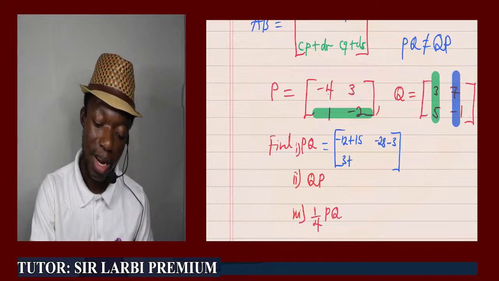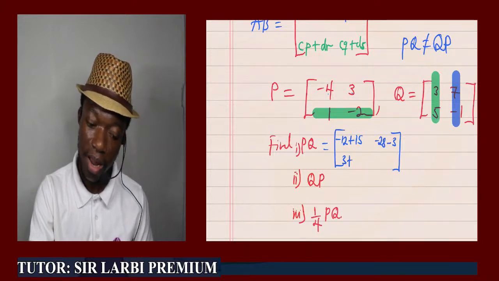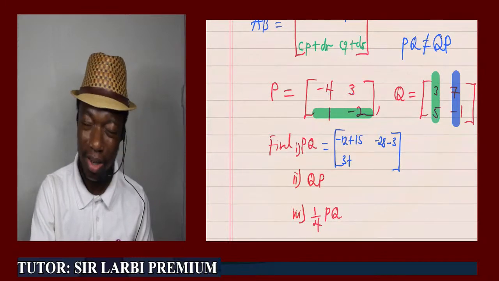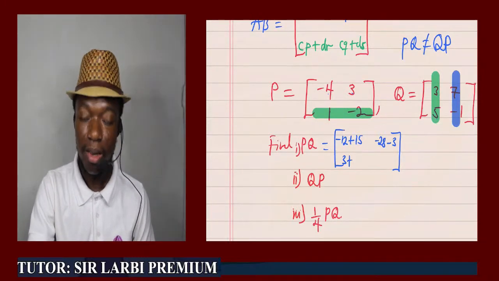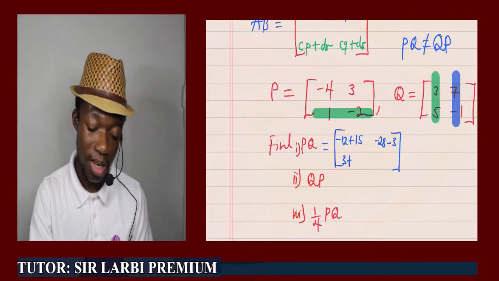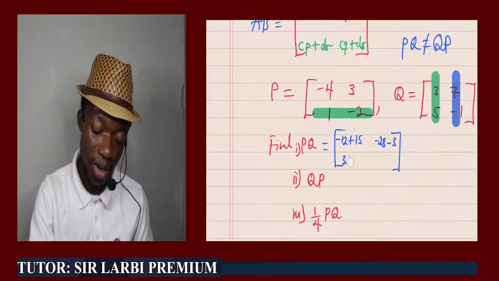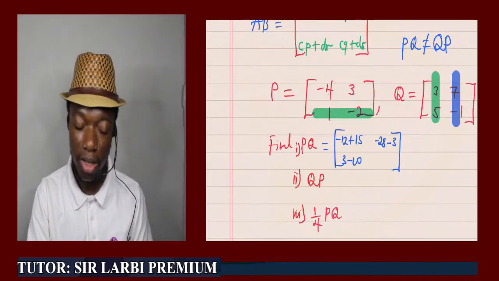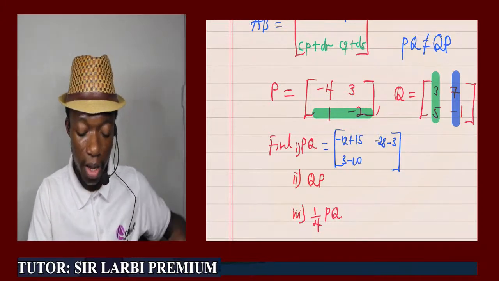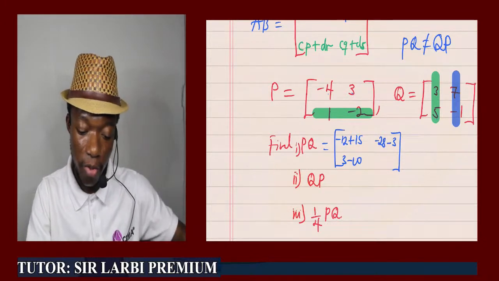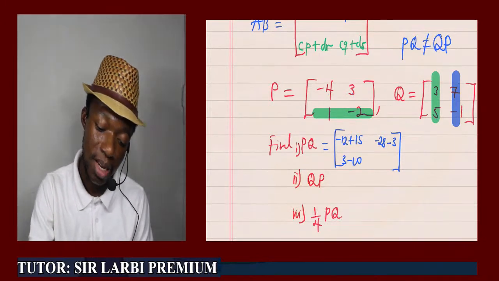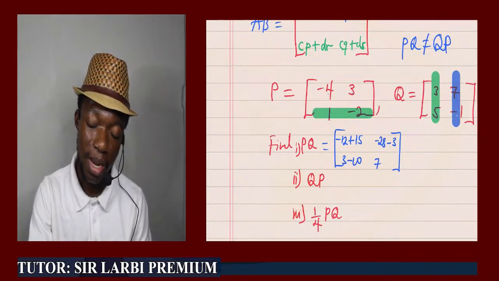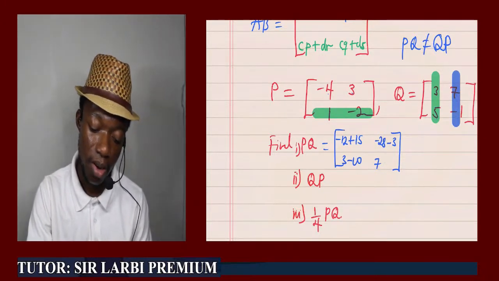Then -2 multiplying 5, we get -10. When negative and positive meet, the negative takes precedence. Then 1 multiplying 7, we get 7, and 2 multiplying -1, we get -2.